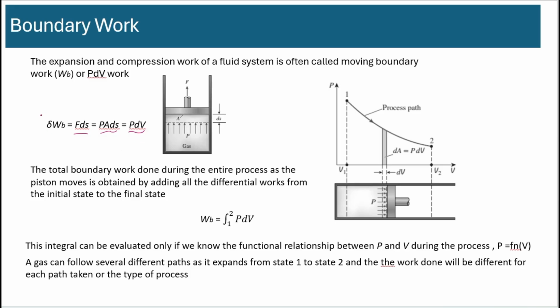Now if you integrate all these small work amounts into integral PdV, you get this equation, the total work done. Now it fully depends on how you go from 1 to 2. If you're taking this path versus this path, it will be basically the area under this curve. So it is very dependent on the path.